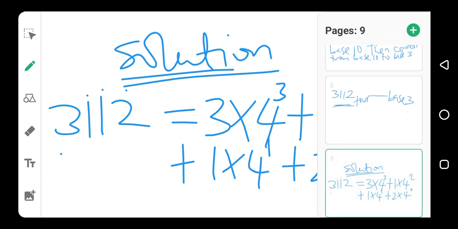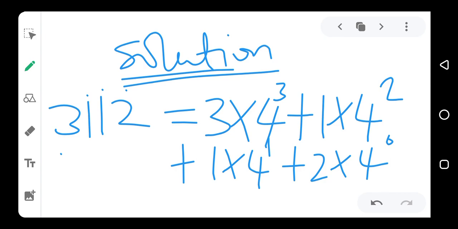So we are going to have 4 raised to power 3 is 64. That is 4 times 4 times 4. 4 times 4 is 16, and 16 times 4 is 64.